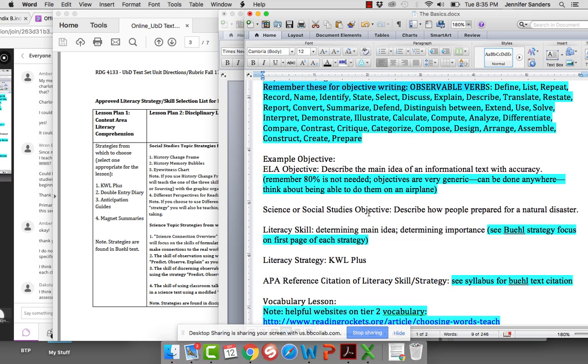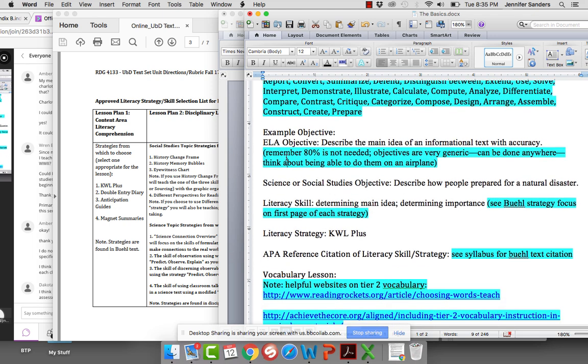So when you write your standard, your objectives, write them using observable verbs. And I've given you an example of an objective. I do not want to see an accuracy rate. This is not math. We do not work on accuracy. Objectives here are very generic and can be done anywhere. So think about that. Look here. Students can describe the main idea of an informational text with accuracy.